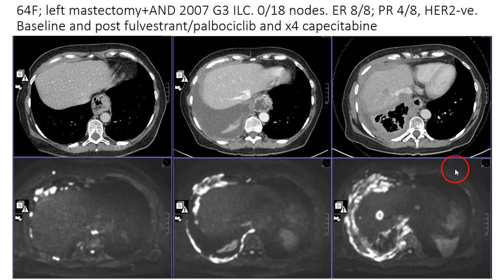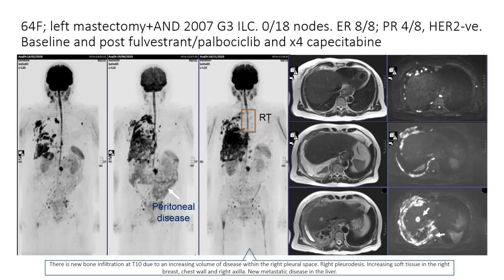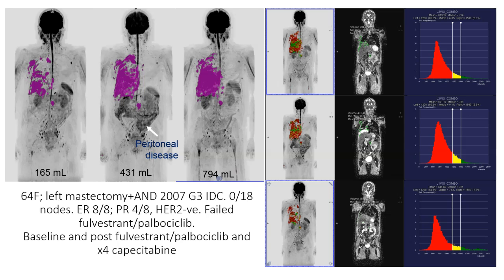But it's very difficult to see the bone invasion here, but it is evident, in fact, on the whole body MRI scan, and you can see that we see more liver metastases on the diffusion sequence. Now, it's possible to just segment this disease to get volumes of the disease distribution.